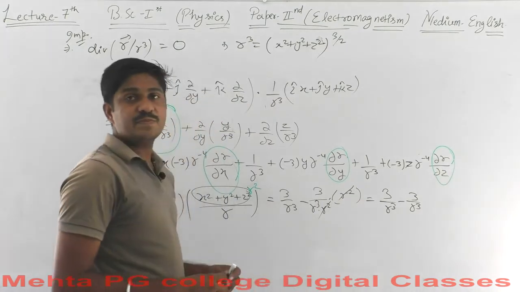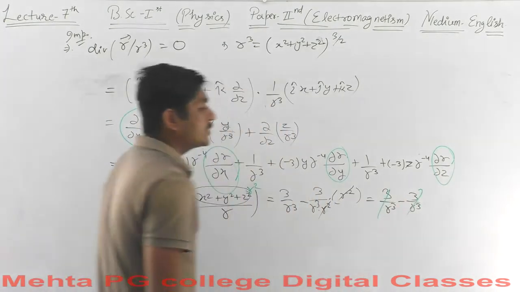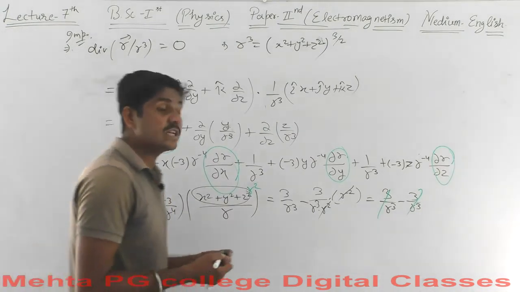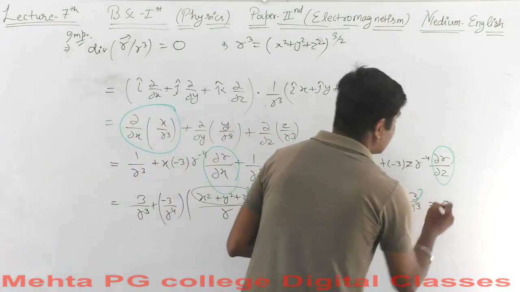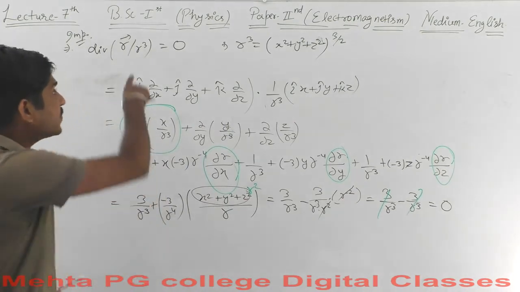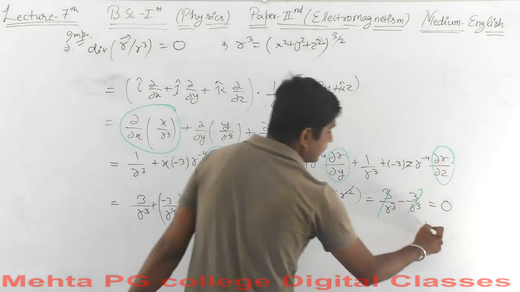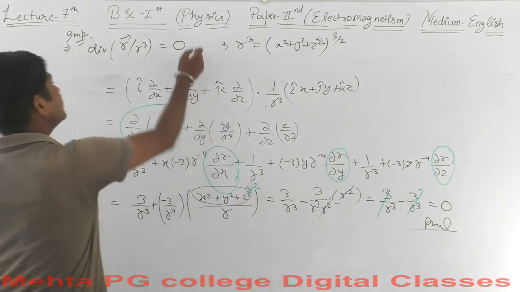This is it, and these will again cancel out each other. So what remains here? Nothing. The function will equal 0. The function will approach 0, and this is what we are supposed to prove. So we have proved that this equals 0.